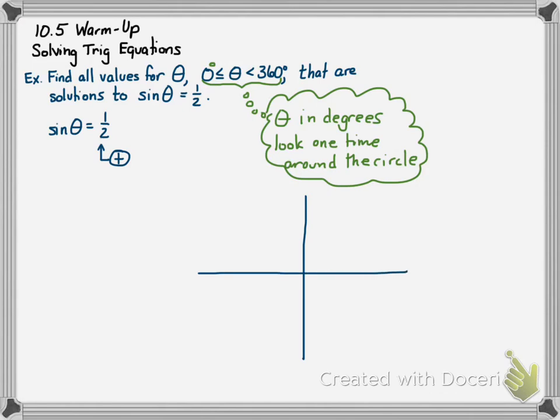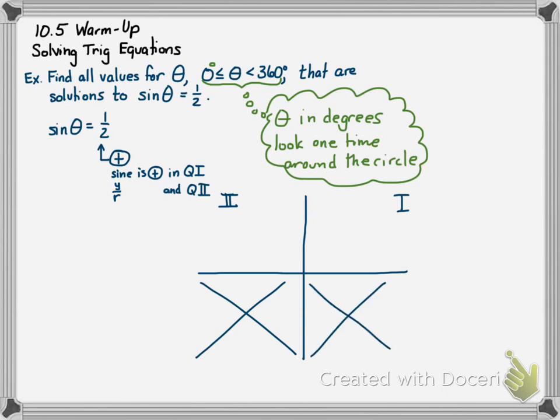I know that sine is positive in quadrant 1, and sine is y over r, so the other quadrant where y is positive is quadrant 2. So sine is positive in quadrants 1 and 2. Since sine is negative in quadrants 3 and 4, I can ignore those quadrants completely.